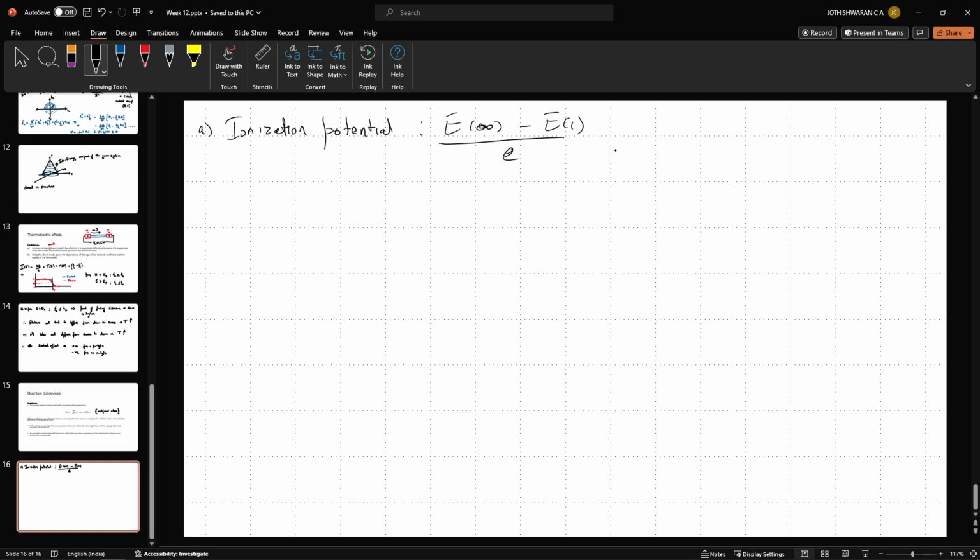Now E infinity is where n tends to infinity, and that value is 0, and E1 is minus 25, so this is equal to 0 minus of minus 25, which is 25 electron volts divided by e, so that is equal to 25 volts. That is the ionization potential.